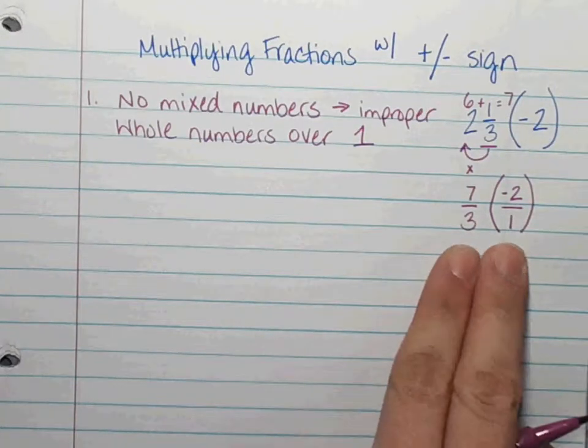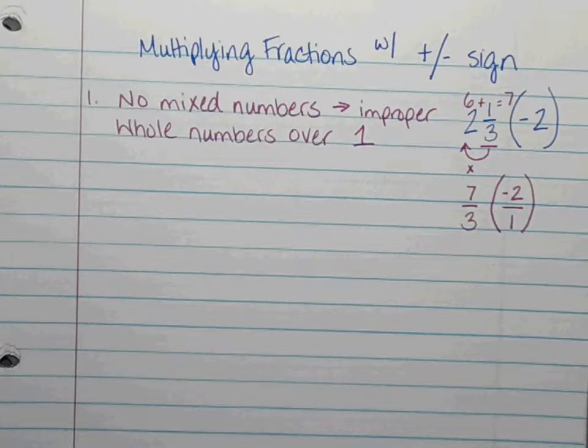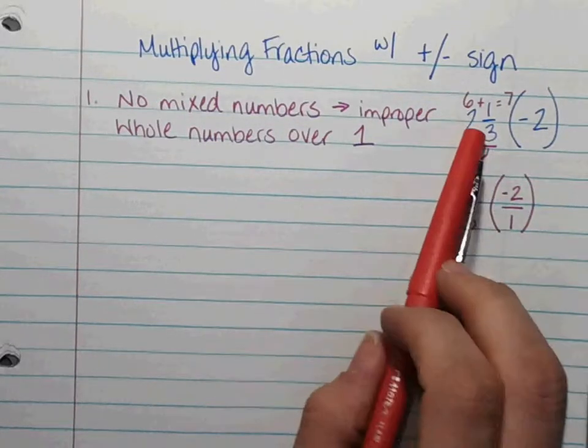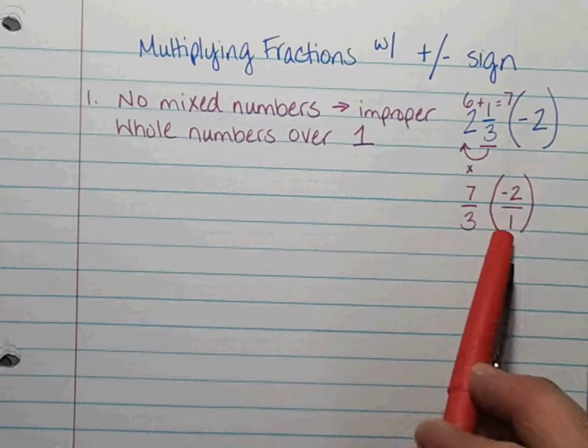So step 1 is to rewrite it. Okay? I had to change my mixed number to an improper fraction, and I have to make this into a fraction as well.